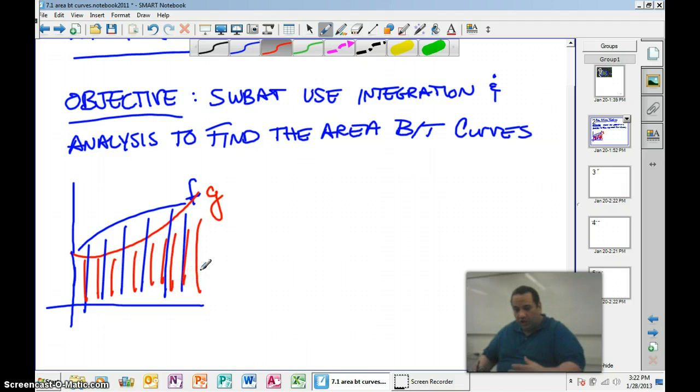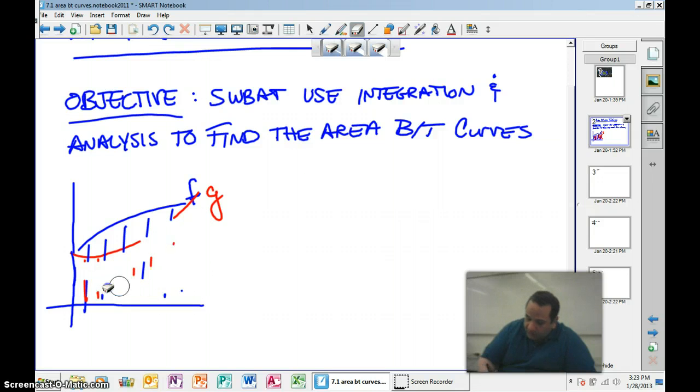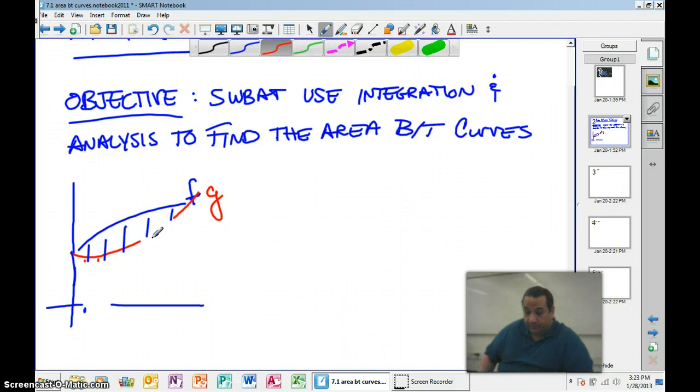So to get just what's left in between here, because it's all measured to the x-axis, I'm going to take F's area, and I'm now going to subtract G. So if I take F and subtract G, take away, just erase it, now I'm left with the area in between the two curves. So that's what we're looking at, folks.